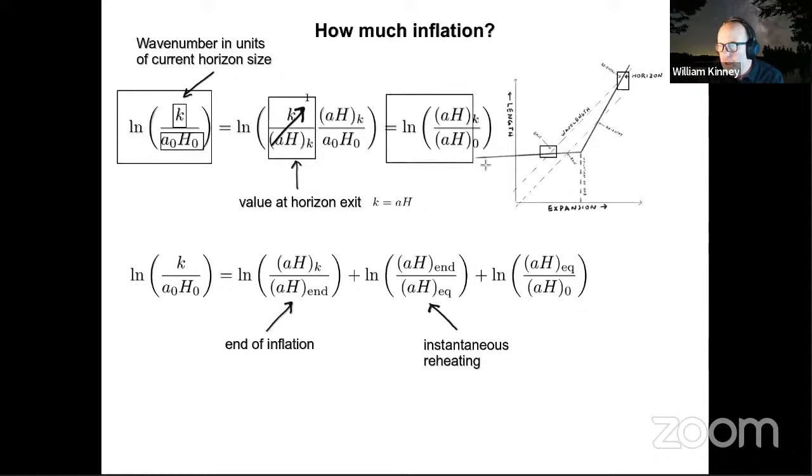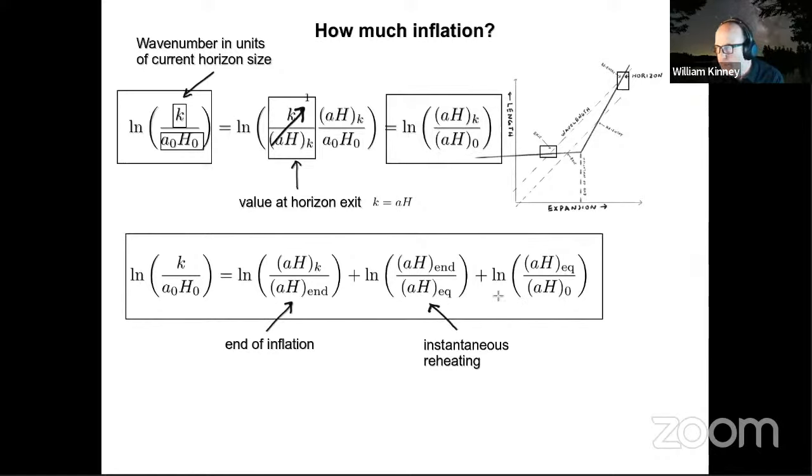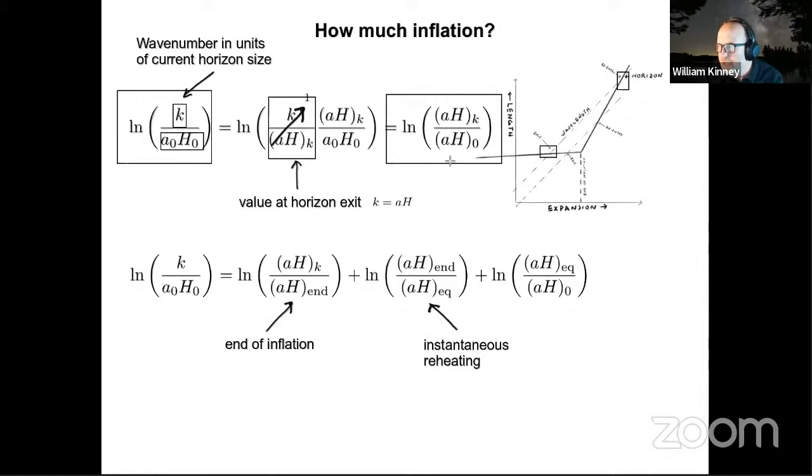So the wave number in units of the co-moving horizon size today is just equal to the horizon size at which the mode exited the horizon during inflation divided by the horizon size in the current universe. We can expand that out a little bit more, so we can bust that up into different epochs.